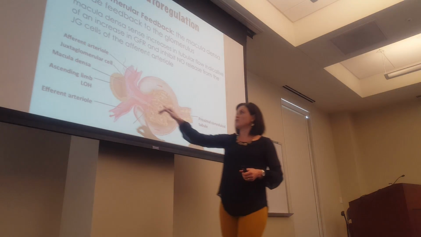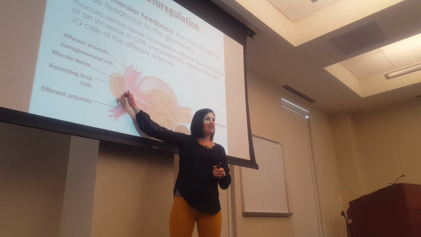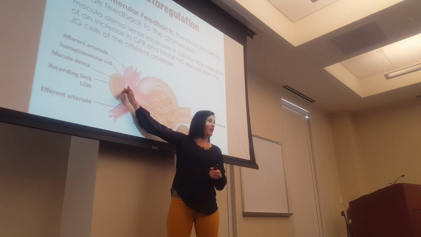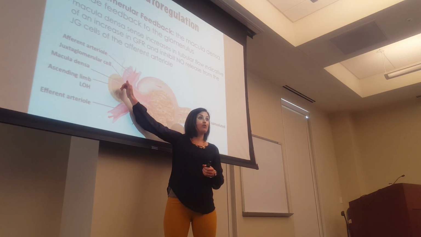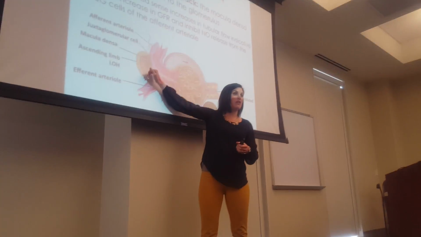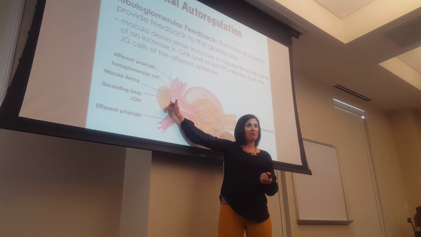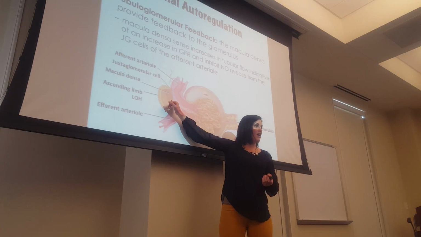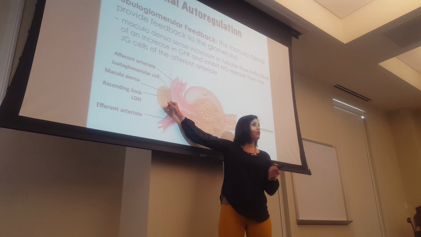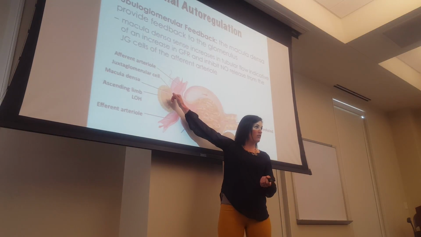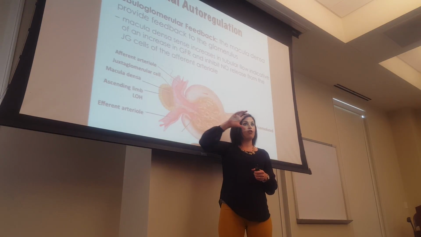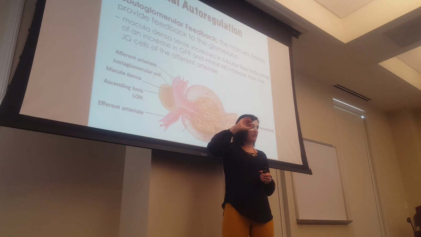So in this situation, the macula densa can also detect the rate of flow, by stretch of the tube in the nephron itself or the rate of sodium or other ions passing through the tubule themselves. And if things are passing through at too quick a rate, that will trigger the juxtaglomerular cells to respond and alter the size of the afferent arteriole.